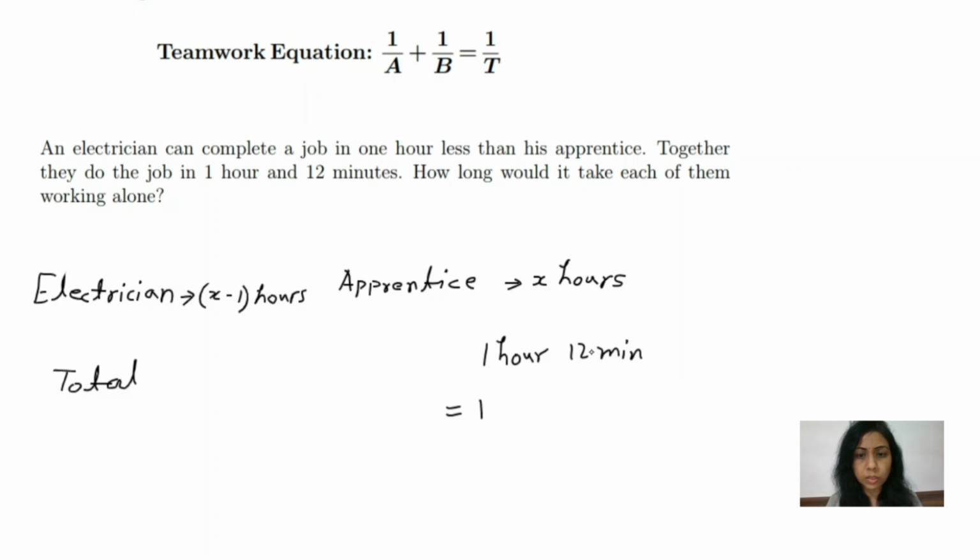When we convert into hours, we divide by 60, because there are 60 minutes in 1 hour.